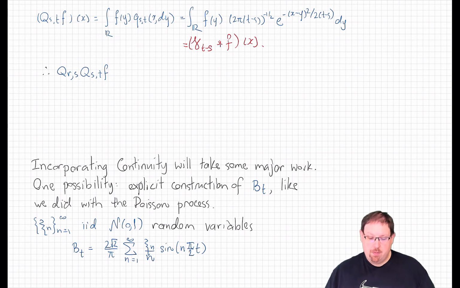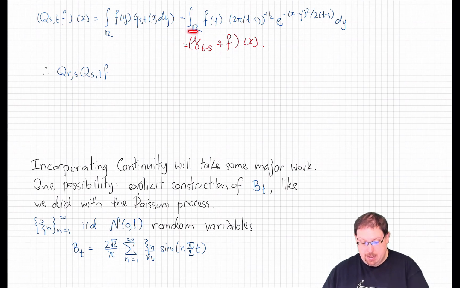Now, we focused on convolution of probability measures and therefore probability densities, but convolution of functions makes perfect sense in general, whether this is a probability density or not, as long as this integral makes sense. And since this is a nice L1 function and this is a bounded measurable function, there's no problem defining that integral, or showing that convolution has the usual properties that it does.